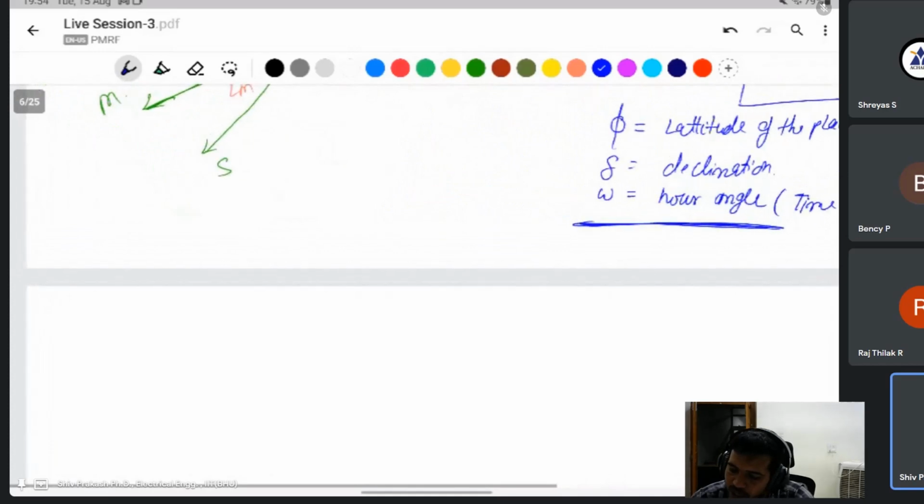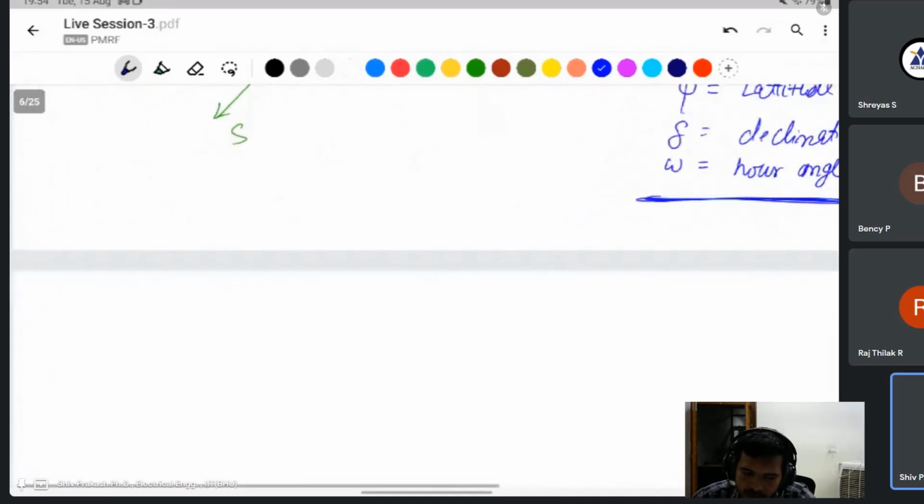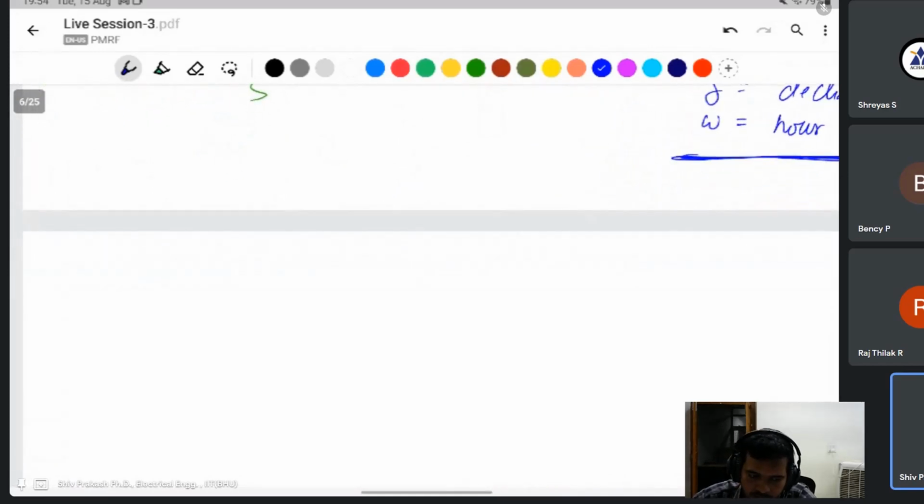After that, you can calculate the hour angle by daily energy, because the hour angle comes on the day, and in one day how much energy will be generated. From there you can calculate the hour angle.